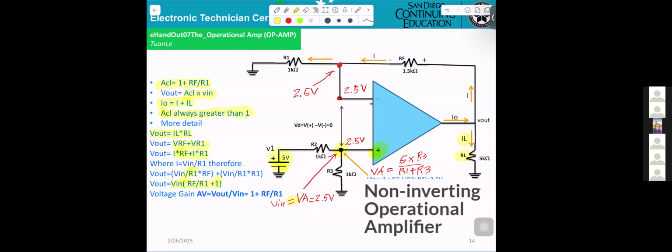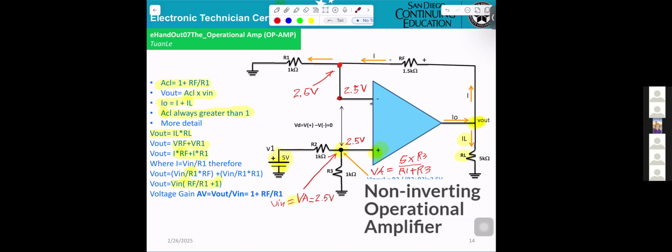Let's see, where I equals V in divided by R1. Okay? I try to explain to you on this one. So if you calculate the V out, V out will be calculated from output to the ground. That means you can calculate the V out here, taking IL times RL.